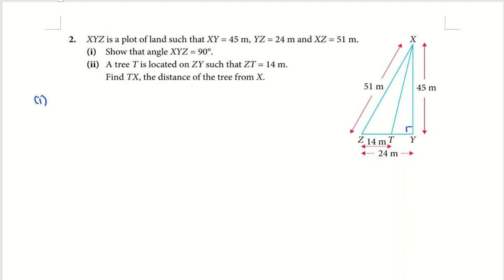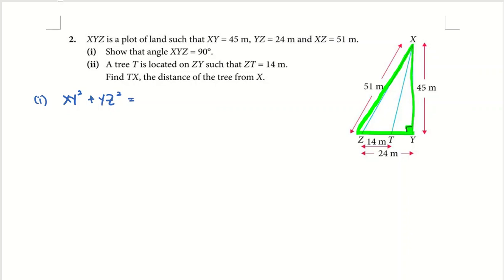So let's find out what is your a square plus b square first. Just by looking at the triangle, you should be able to identify that I am making use of triangle XYZ over here, because your 90 degrees is over here in this case. So with that, let's form your first two lengths, a square plus b square, which is your XY square plus your YZ square.